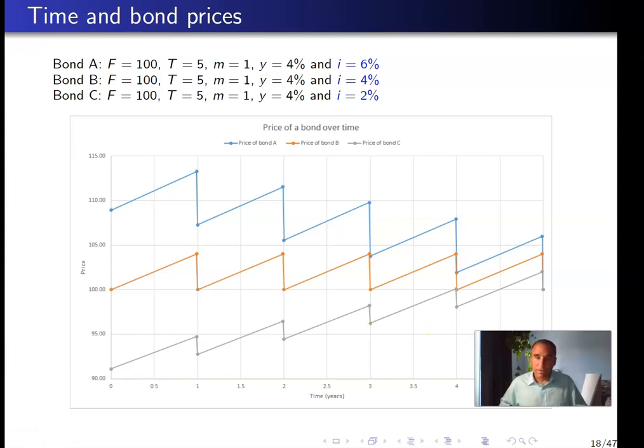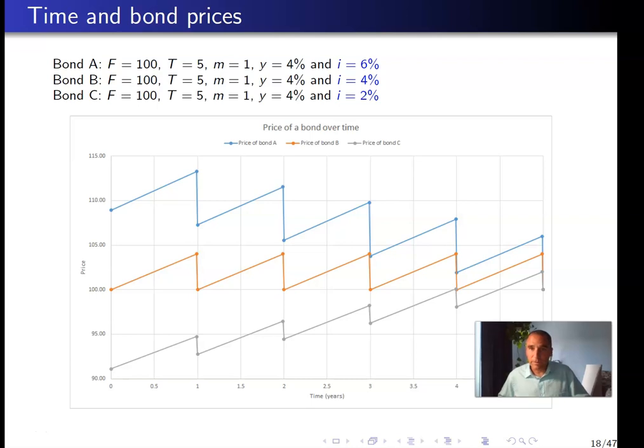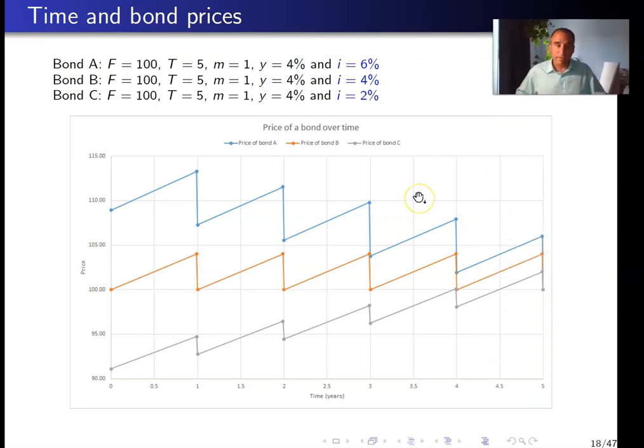Okay, and here we can see that this will be the last slide of this video. It's only to show that, take a bond at the start of its life. Okay, at some point in time, take a bond selling at a premium, a bond selling at par, and a bond selling at a discount.